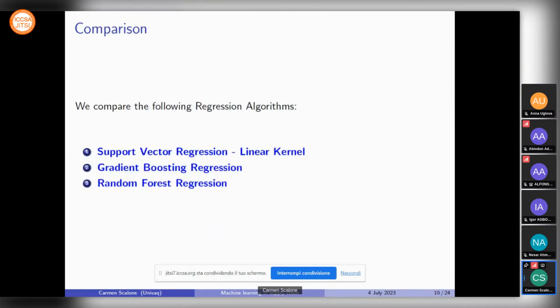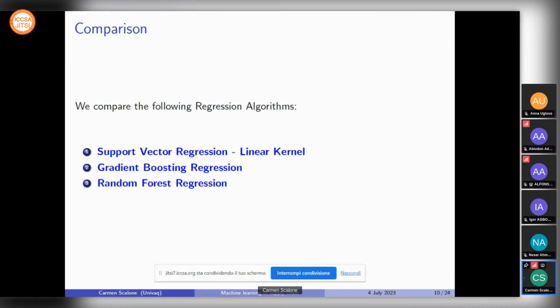The idea is to work with the Python library scikit-learn and find an answer with several algorithms, in particular three, and find the one most suited for our problem.